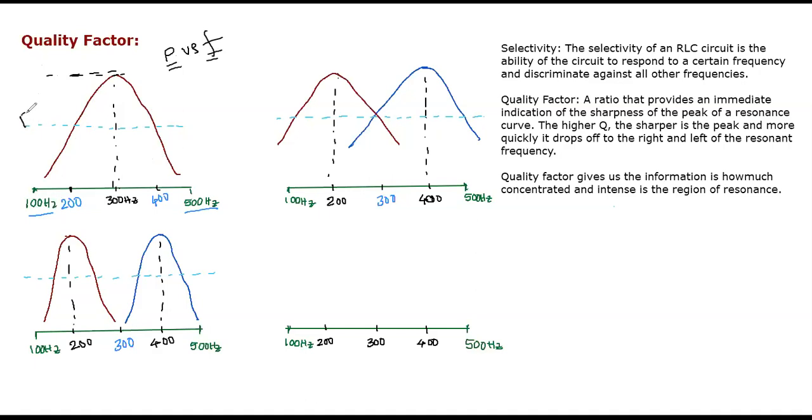Here this one is P naught, and half of the maximum power, that is P naught by 2, is at 200 hertz and 400 hertz. Now we can say that this range is bandwidth, that is 400 minus 200. So now bandwidth is 200 hertz.